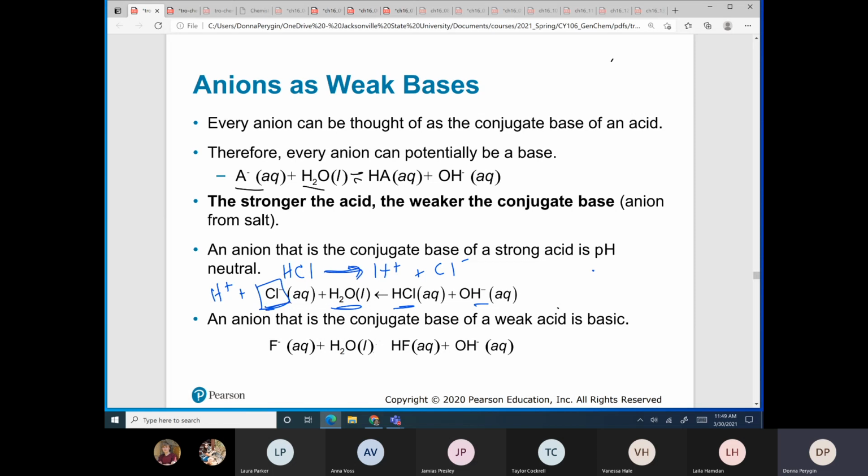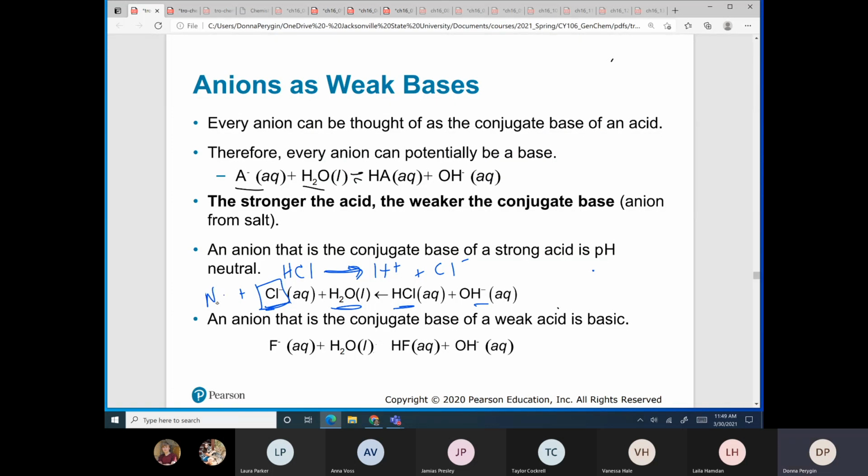if you put the chloride in solution instead of the HCl, let's say we had NaCl, then that chloride is the conjugate base of the strong acid HCl. It's not going to want to pull off a hydrogen from water and form hydroxide ions.